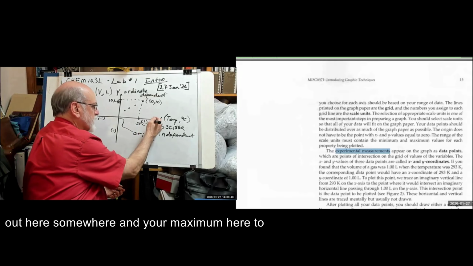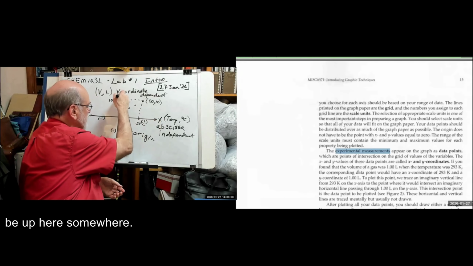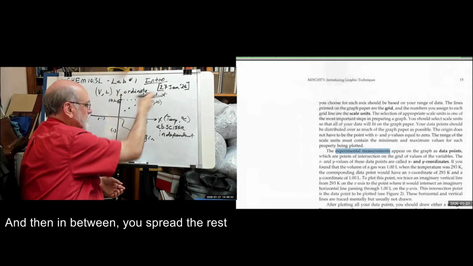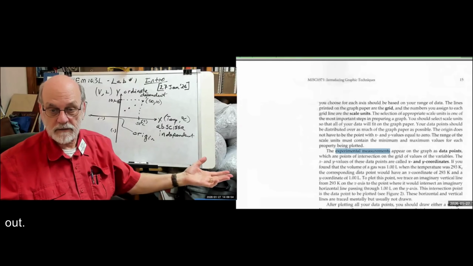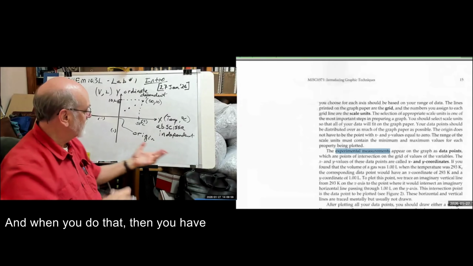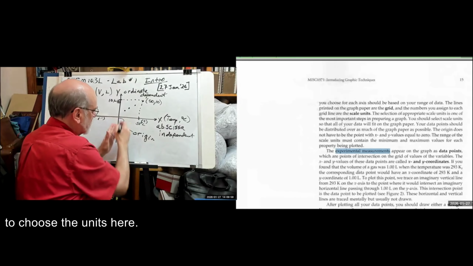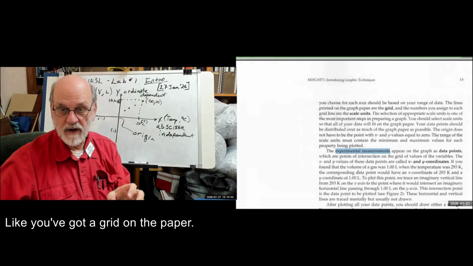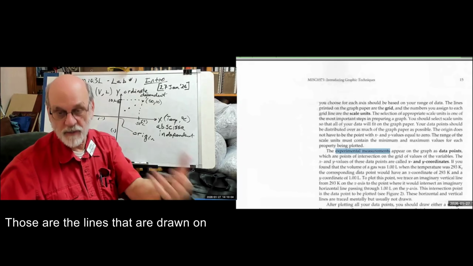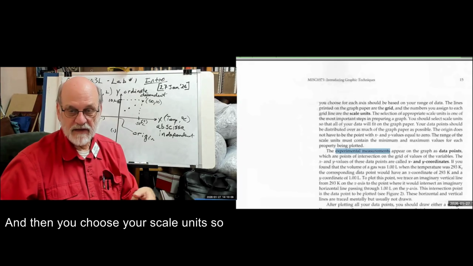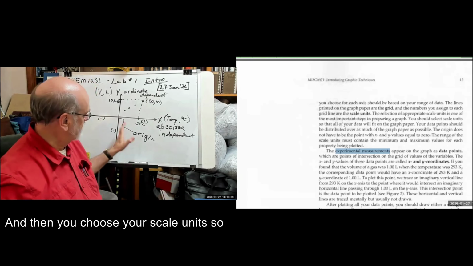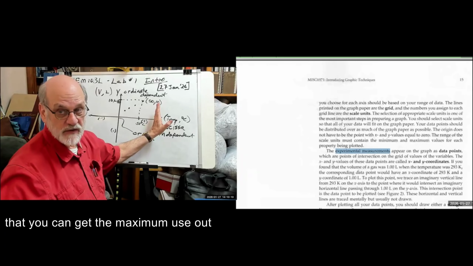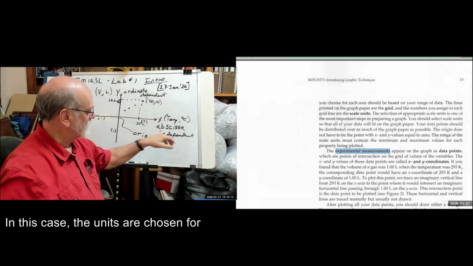So you want your maximum value to be out here somewhere, and your maximum here to be up here somewhere, and then in between you spread the rest out. And when you do that, then you have to choose the units here. Like you've got a grid on the paper. Those are the lines that are drawn on the paper. And then you choose your scale units so that you can get the maximum use out of it, right?